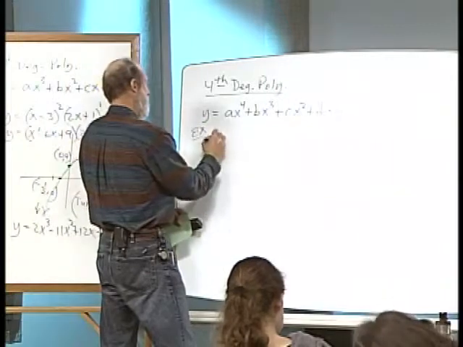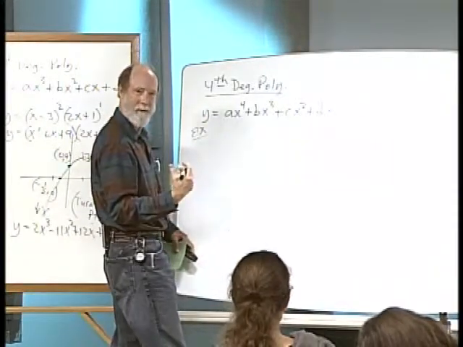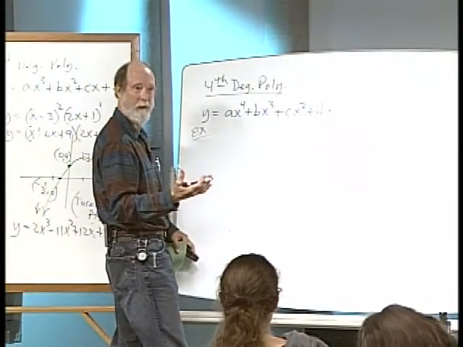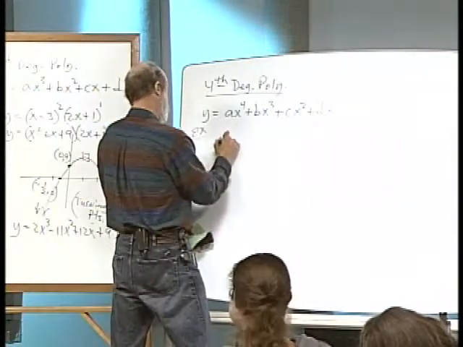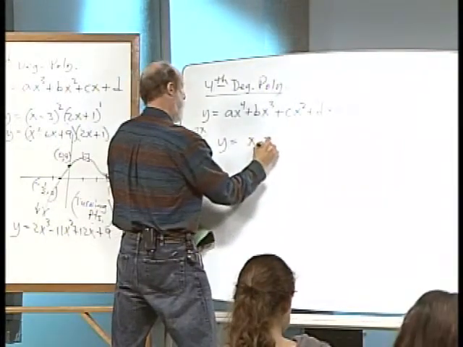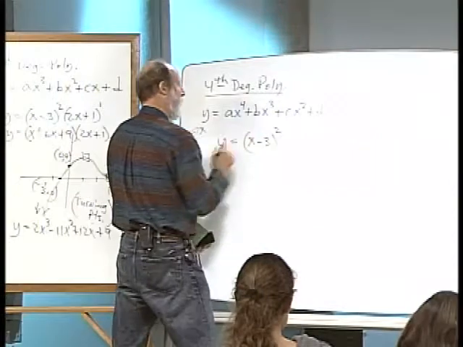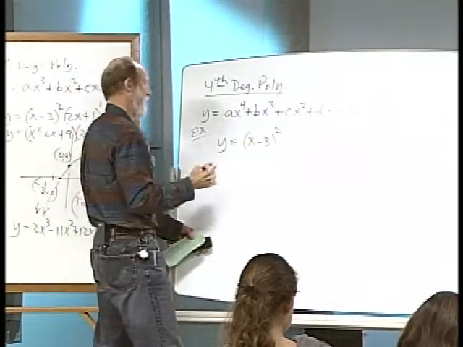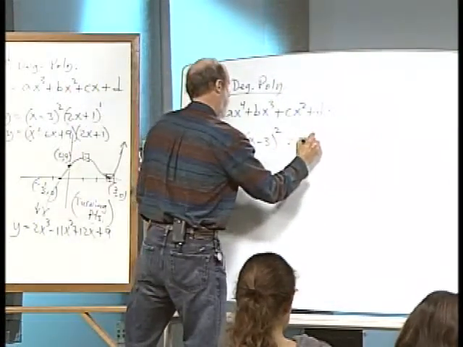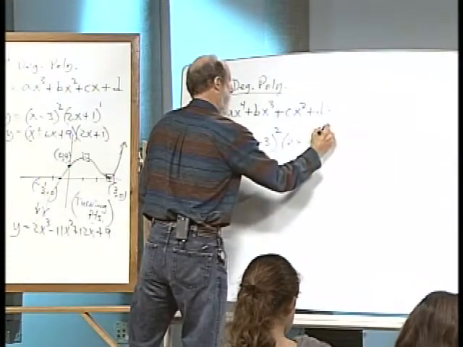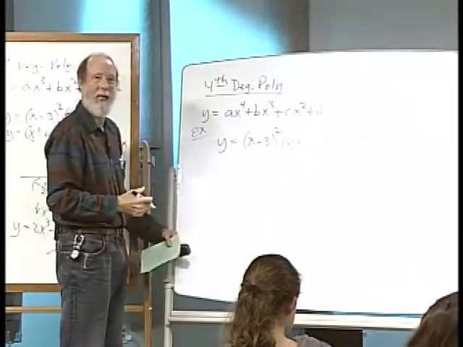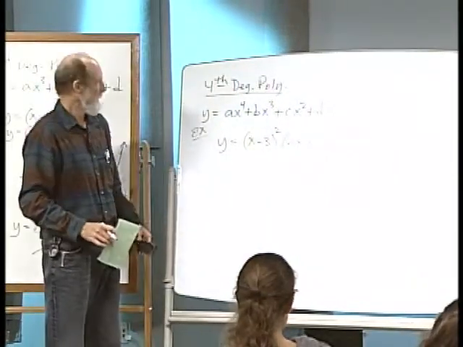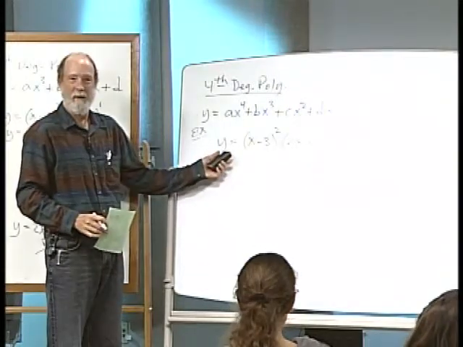Example, let's stick with those same zeros because we're having so much fun with them. Okay. So y equals x minus 3. Let's keep that at second degree. And let's take that other one, 2x plus 1, and let's make it second degree. Same zeros, right?